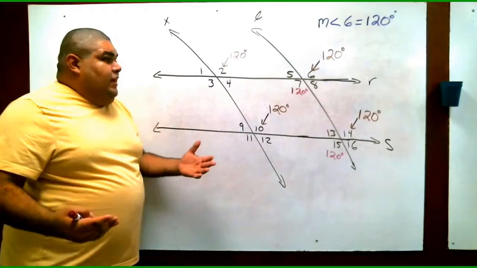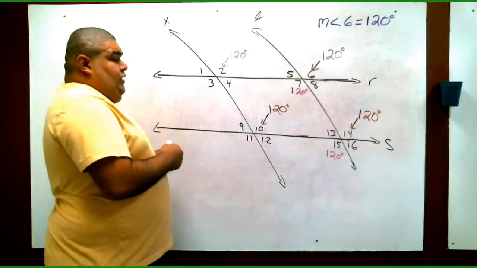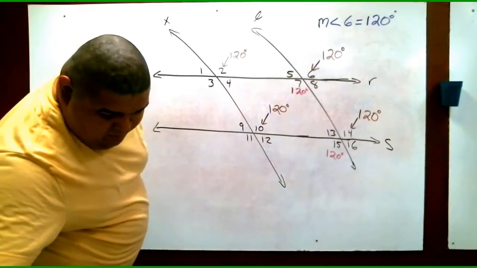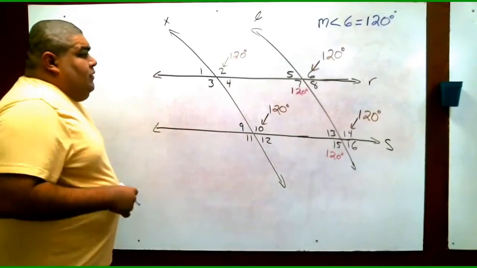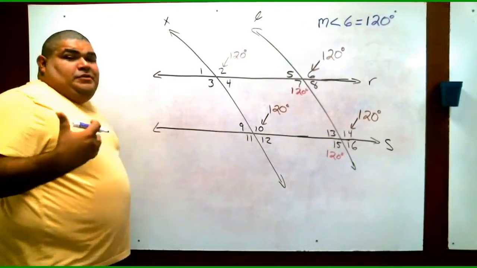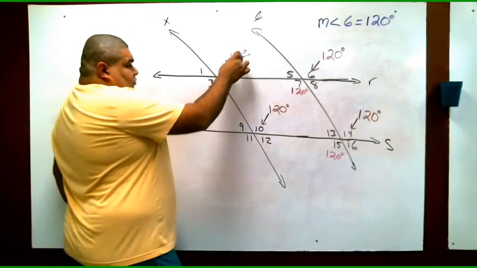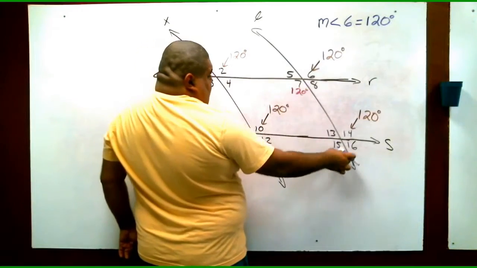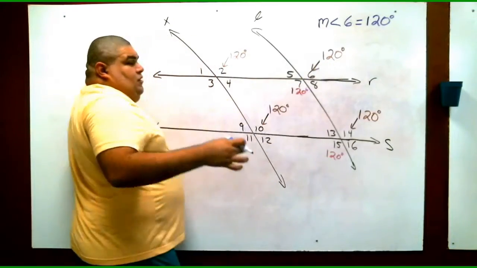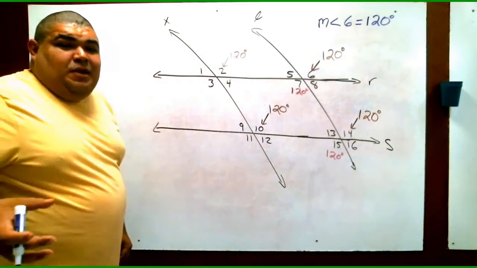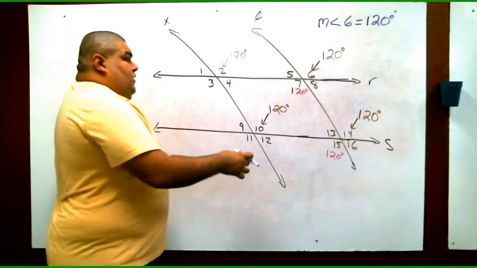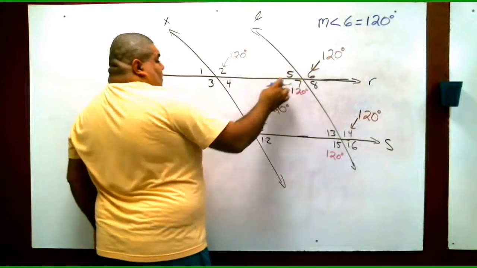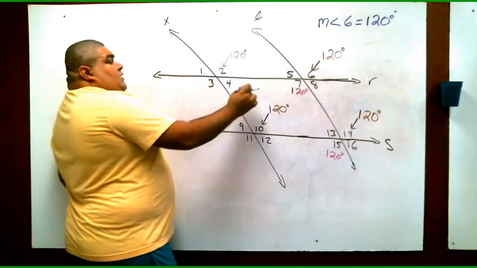Again, we can use it again. Just another color here, so purple. Notice that it's all coming together now. Notice that we have 120 here, 120 here, 120 here, 120 here, 120 here, 120 here. Again, by corresponding, if 120 is angle 7, then that means that 3 again is 120.